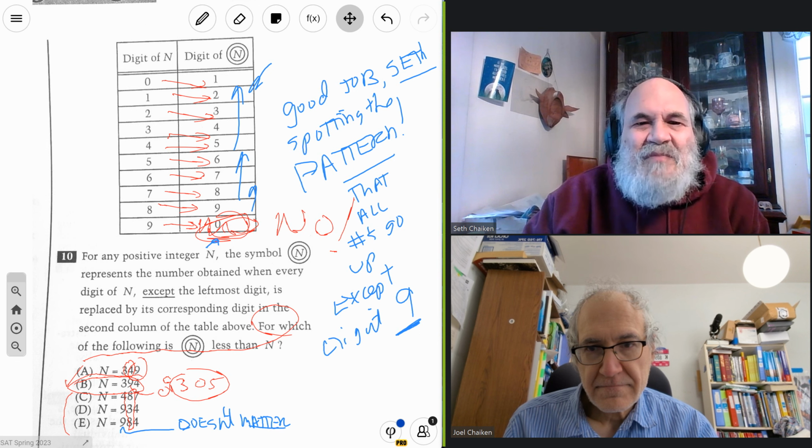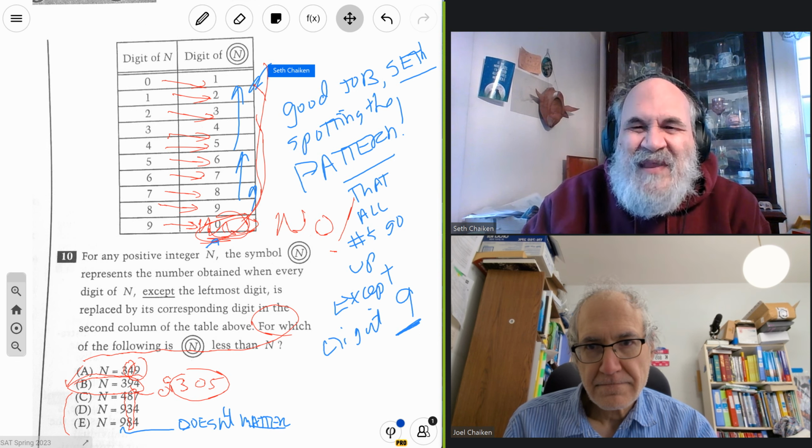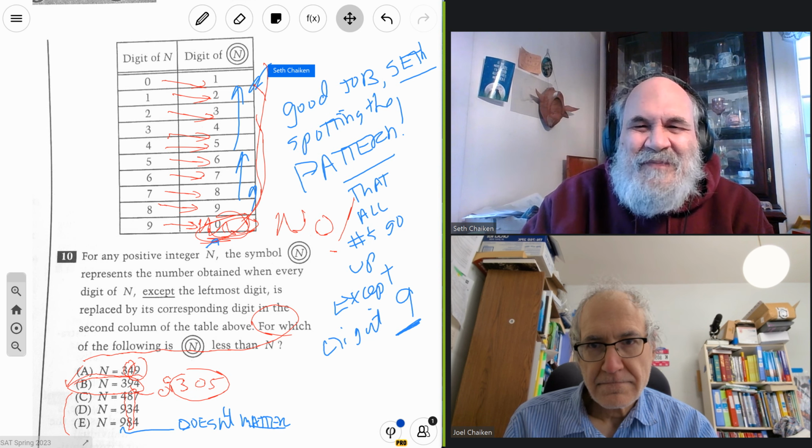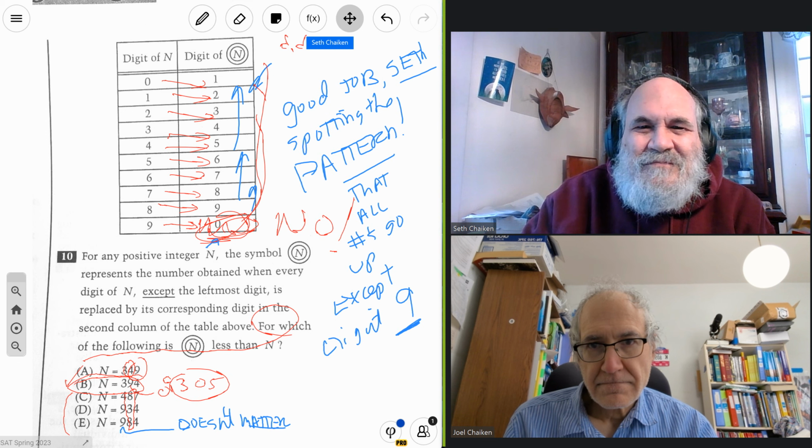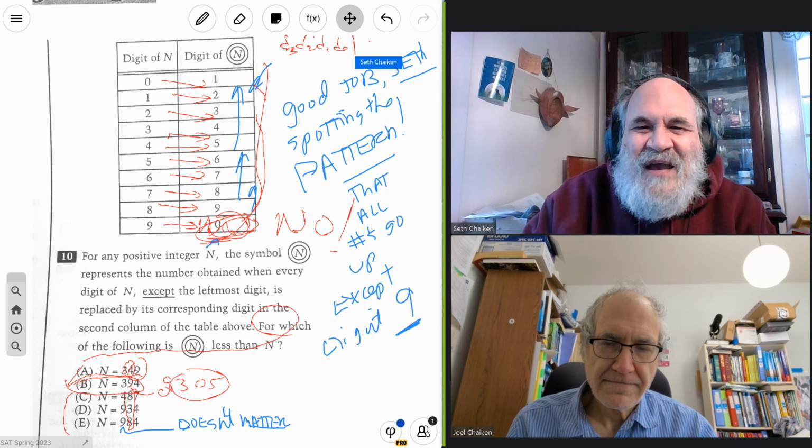I was misled because this table, the whole table, has the following significance. You have a bunch of digits in the number, here's our number, and you add 1.